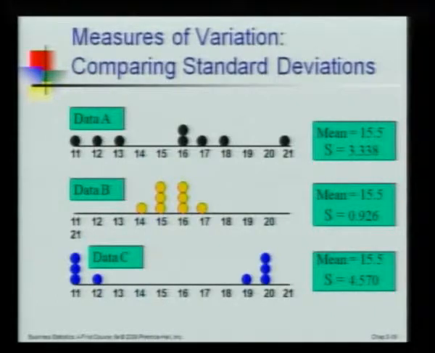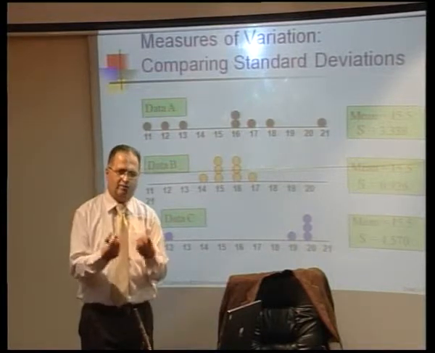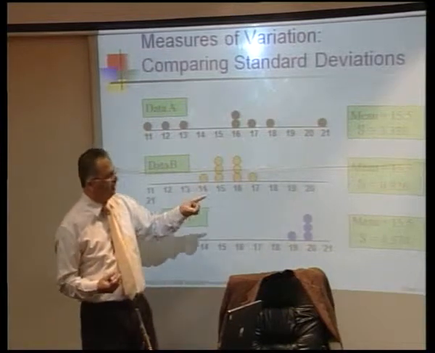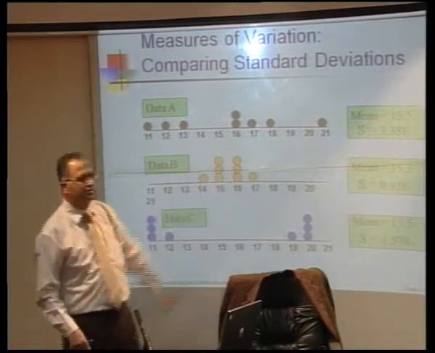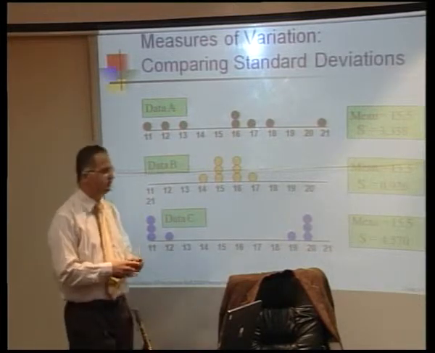Data B, for example, ranges from 14 up to 17, so there is no gap between these values. So it makes sense that this data set has the smallest deviation around the mean. And if you compute the actual standard deviation, it's 0.926. So it's less than 1.